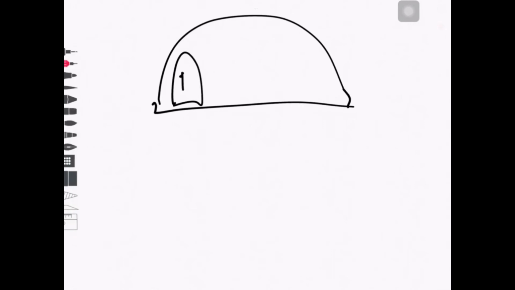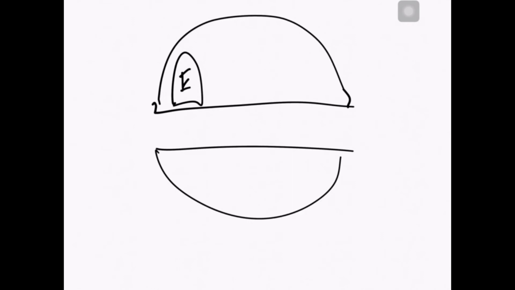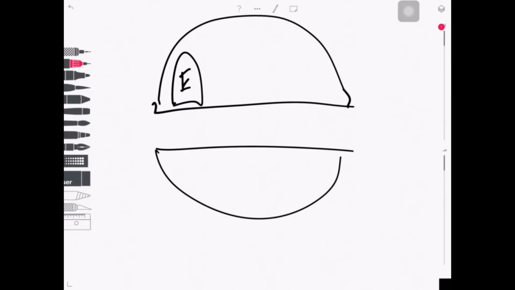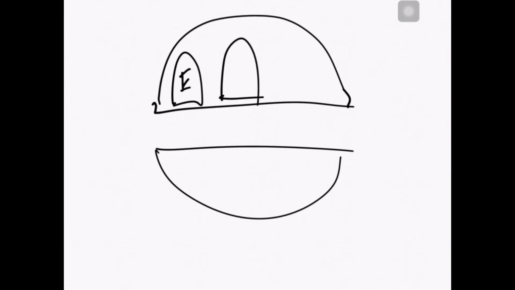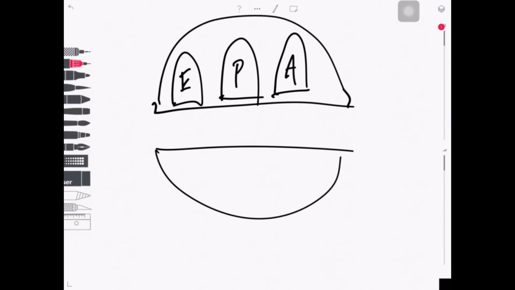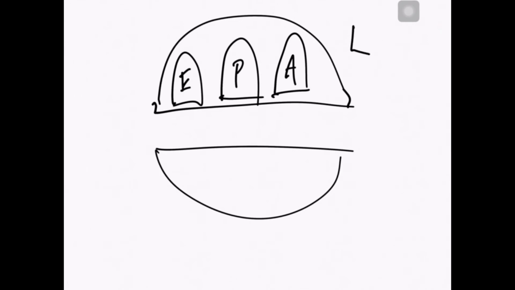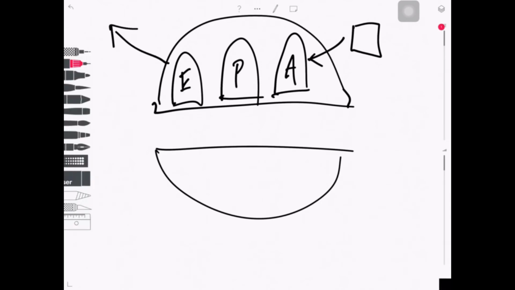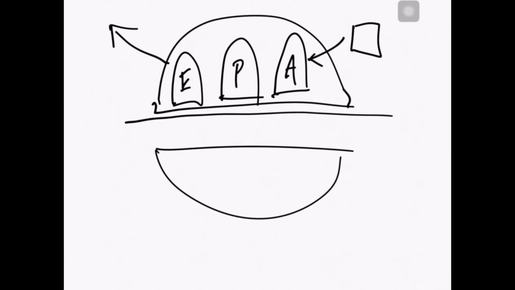And at this top spot, there are also 3 very special sites: the E site, the P site, and the A site. These are the 3 sites in which the tRNA is going to enter as well as leave later on. And the codons, which are located within the mRNA, are going to go through along the middle here.